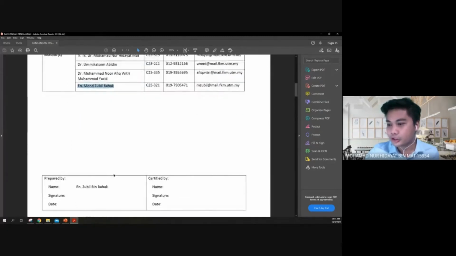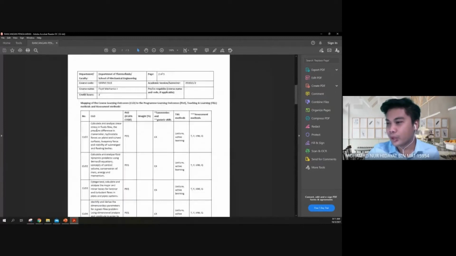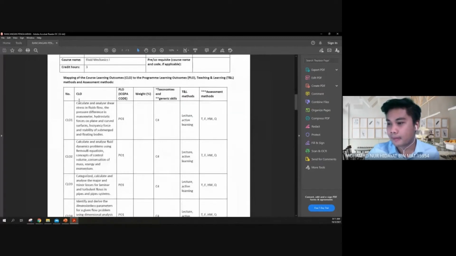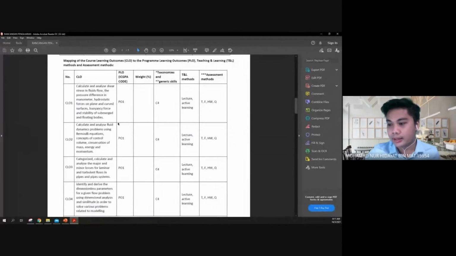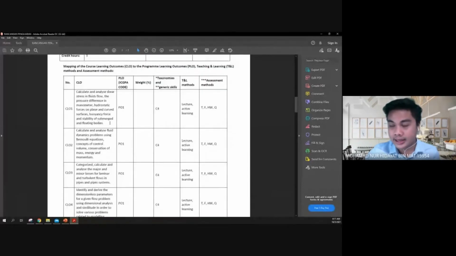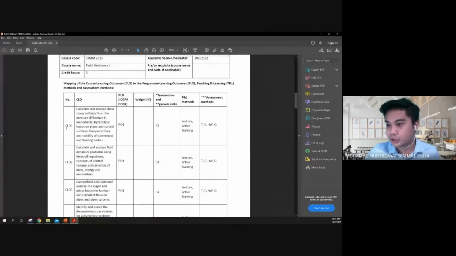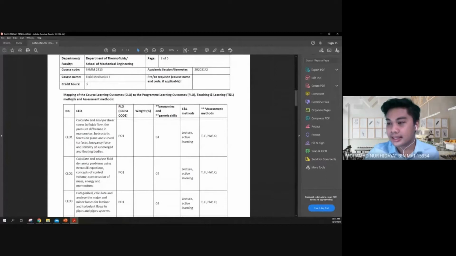So we have one PLO, program learning outcome, and 4 course learning outcomes. This is the course learning outcome we map with the program outcome.